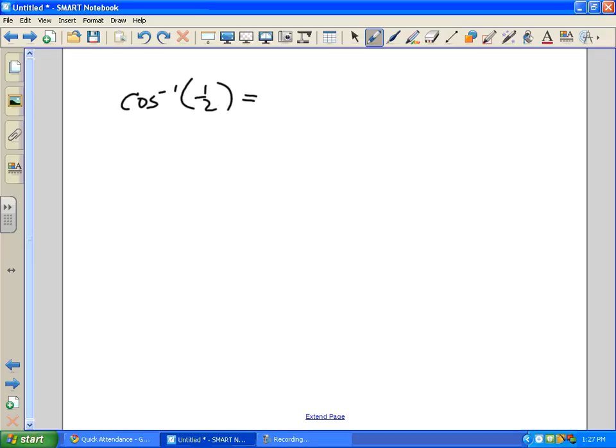Pi over 3, and that would be this answer. How about the inverse cosine of -1/2? What angle has a cosine value of -1/2? 2 pi over 3. So you don't really have to rename them as you did with the sine curve.